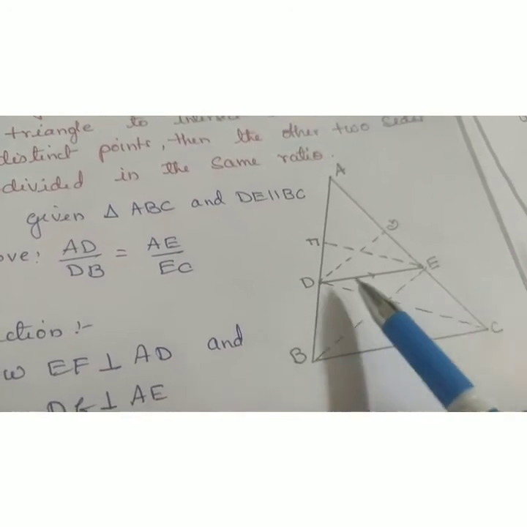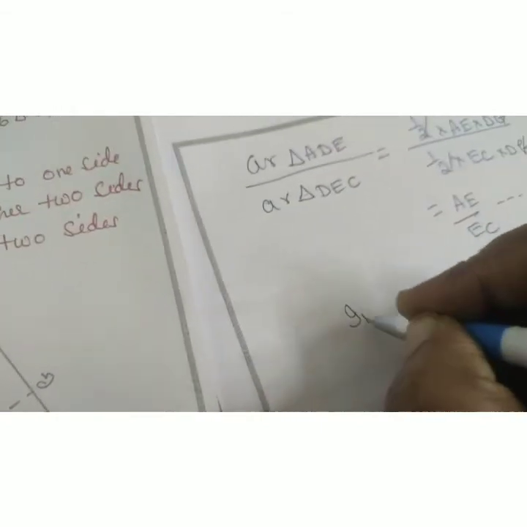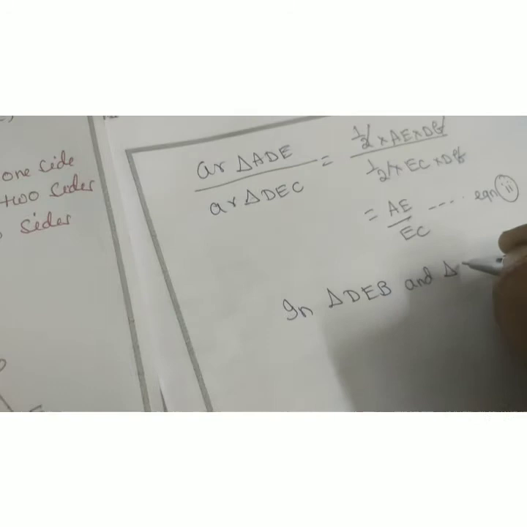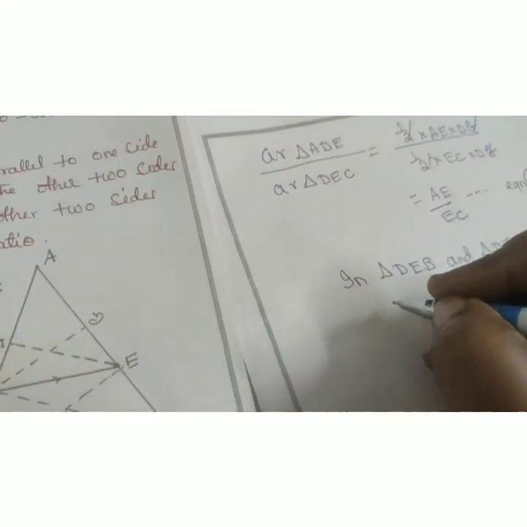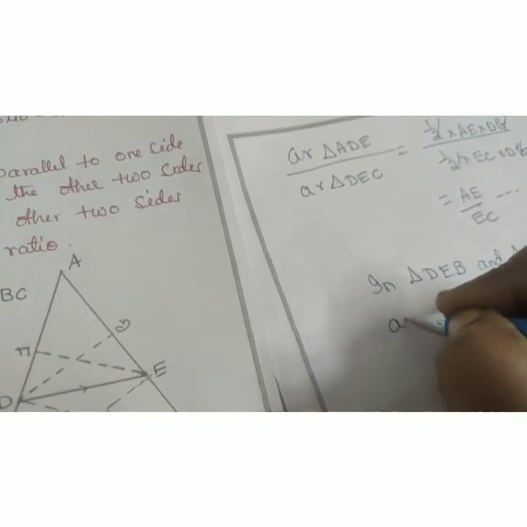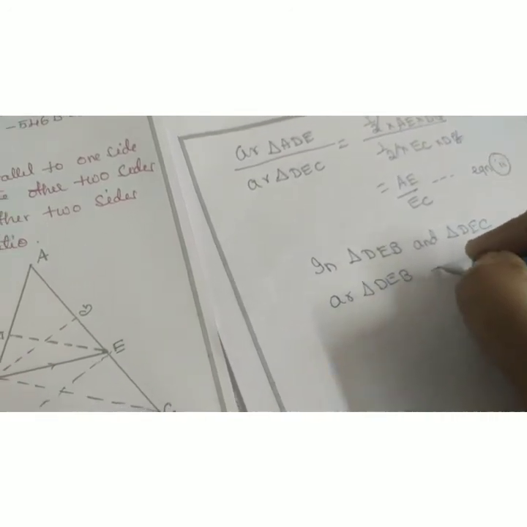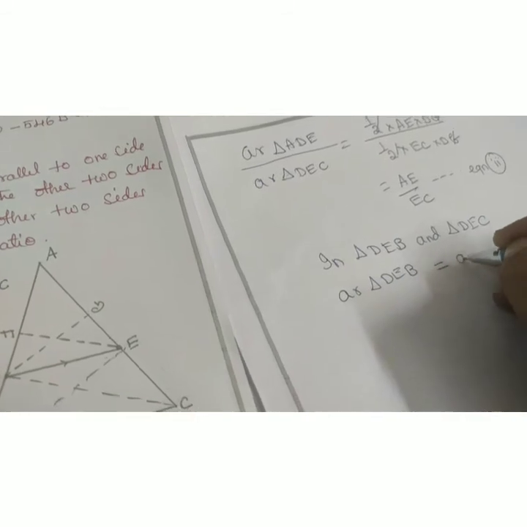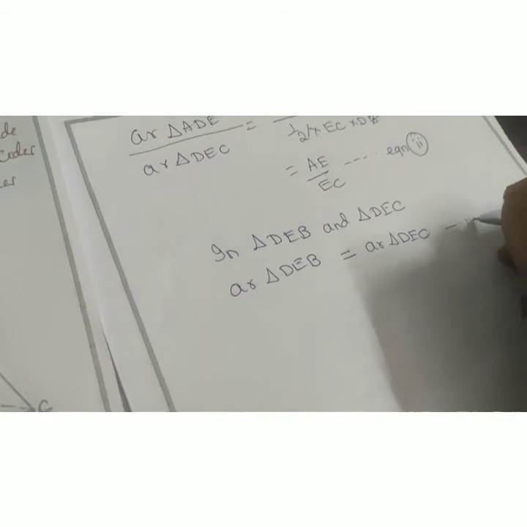So in triangle DEB and triangle DEC, area of triangle DEB will be equal to area of triangle DEC. This is our third equation.